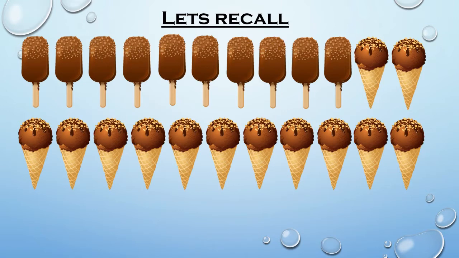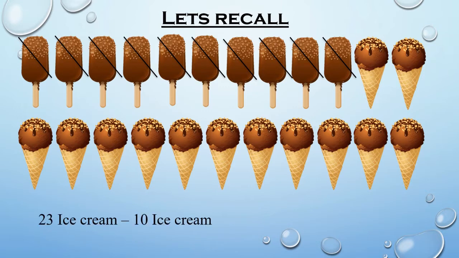If we cut the candy ice creams, 1, 2, 3, 4, 5, 6, 7, 8, 9 and 10. So among 23 ice creams, if we cut 10 candy ice creams, how many ice creams are remaining here?